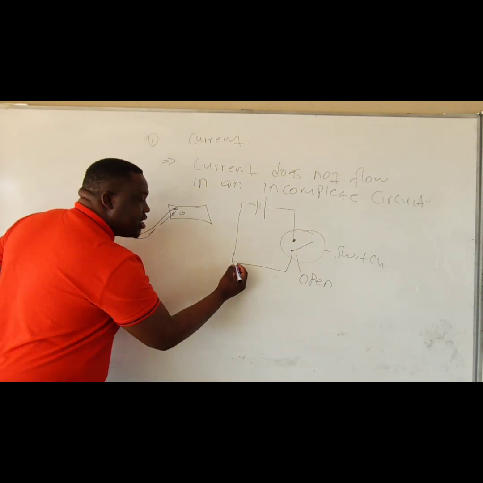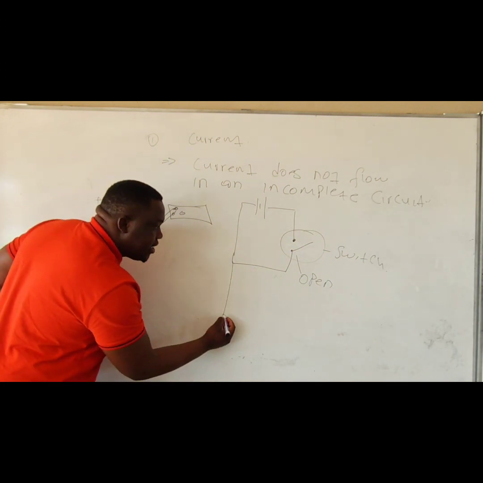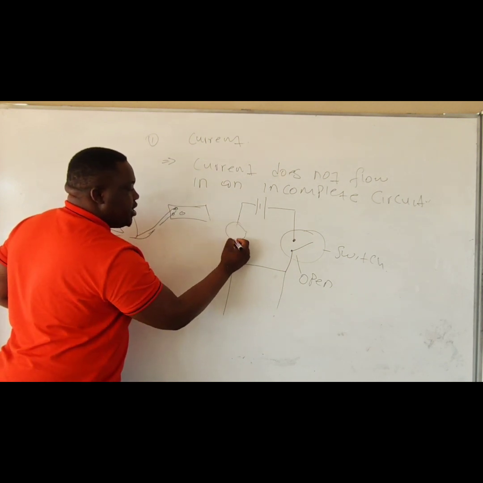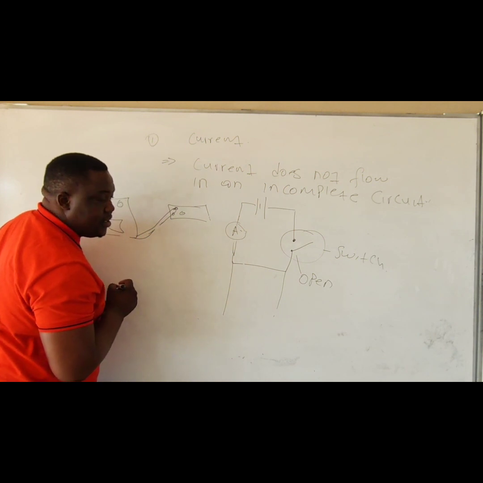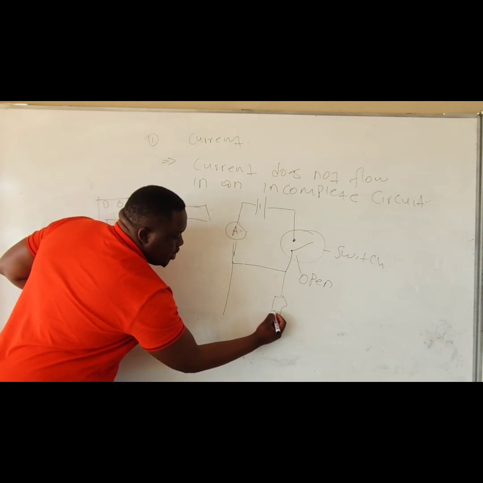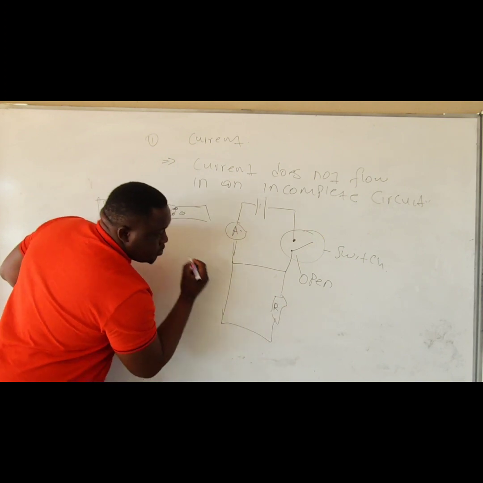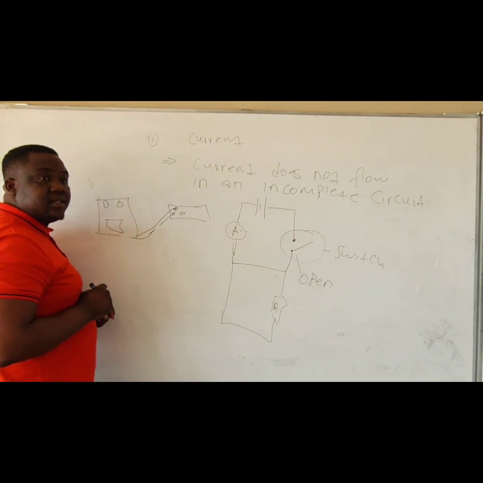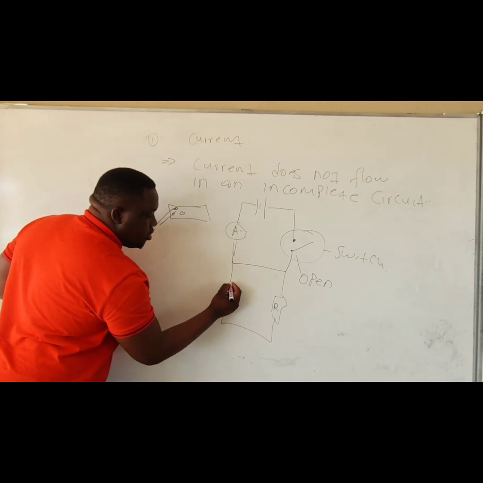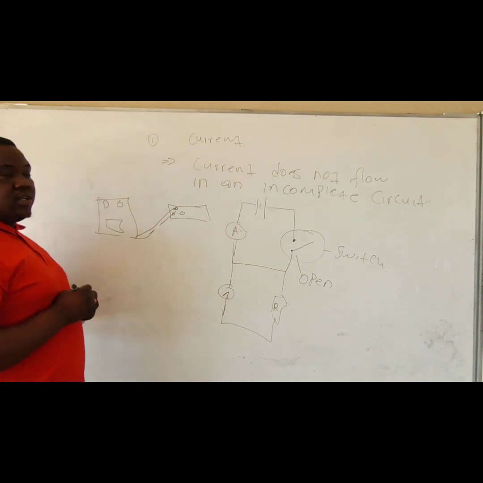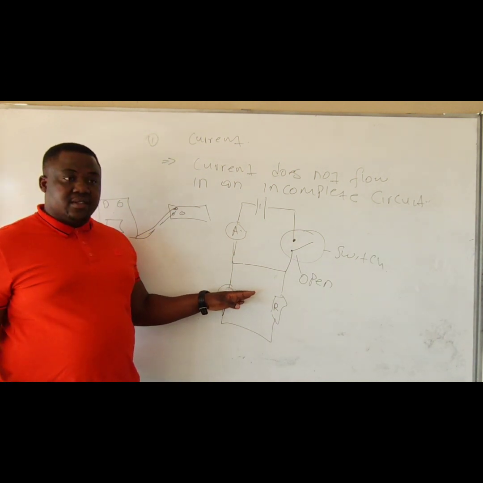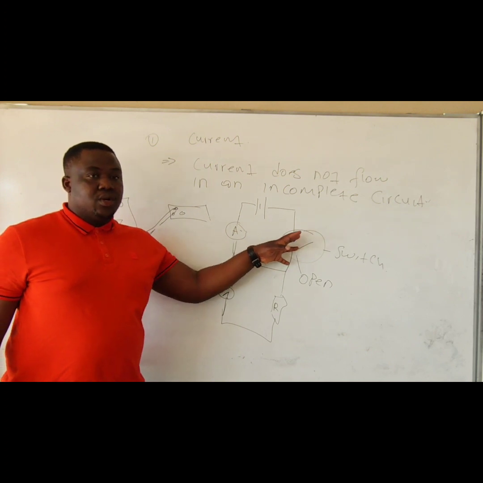Okay, let me just extend this circuit. Let's take the circuit is like this. Let me put an ammeter there. Let me put a resistor there. Do you see this? Let me put another ammeter here. If we have a situation like this, current will not flow this side.